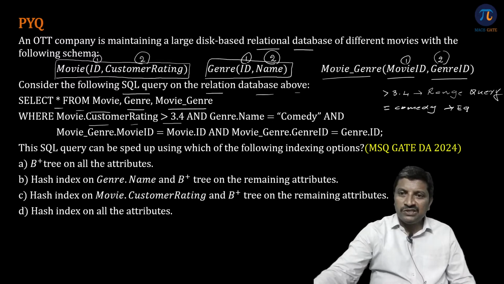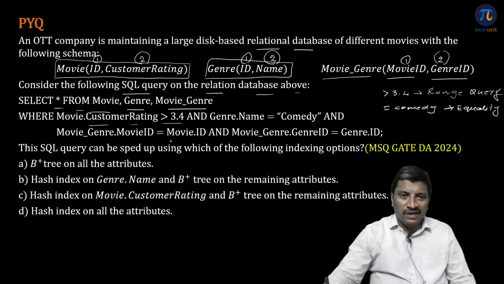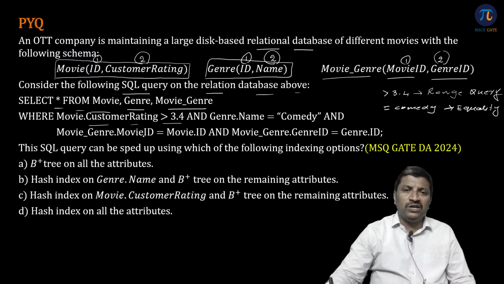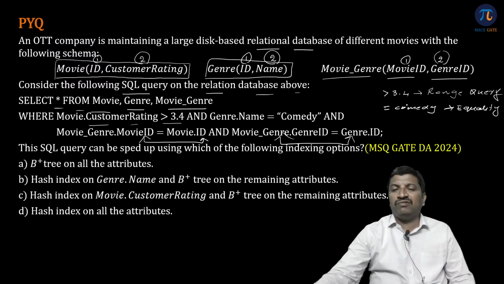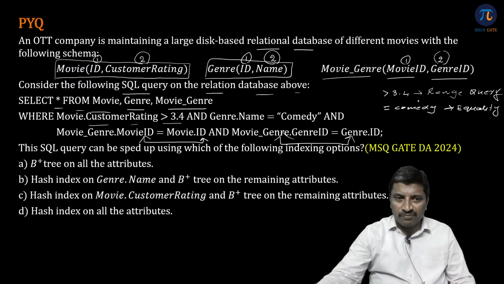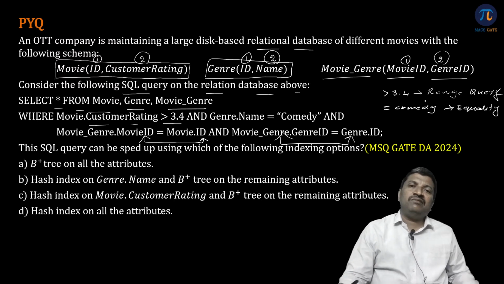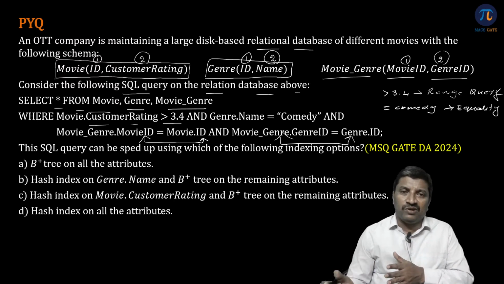It is equality. Then again I have two more. These are only to combine the tables, sir. Since you are dealing with two tables, you are combining these two. So I have one range query, one equality query. The first thing is whether it is a range query or equality query.